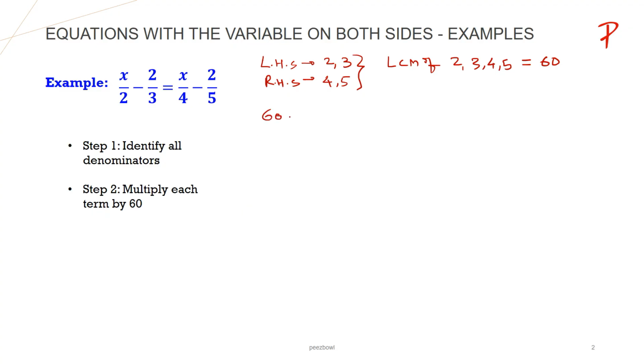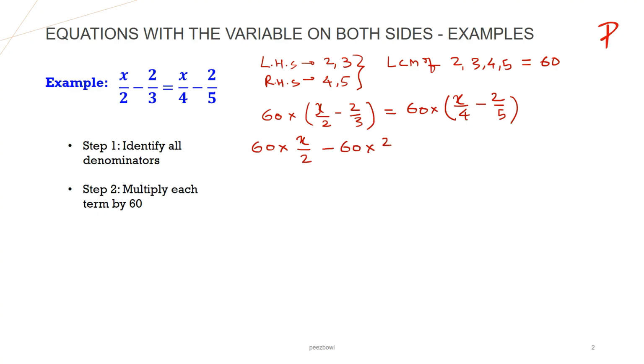Here we have 60 multiplied by (x/2 - 2/3), and this is equal to 60 multiplied by (x/4 - 2/5). This becomes 60 multiplied by x/2 minus 60 multiplied by 2/3, equal to 60 multiplied by x/4 minus 60 multiplied by 2/5. Now simplify each term.